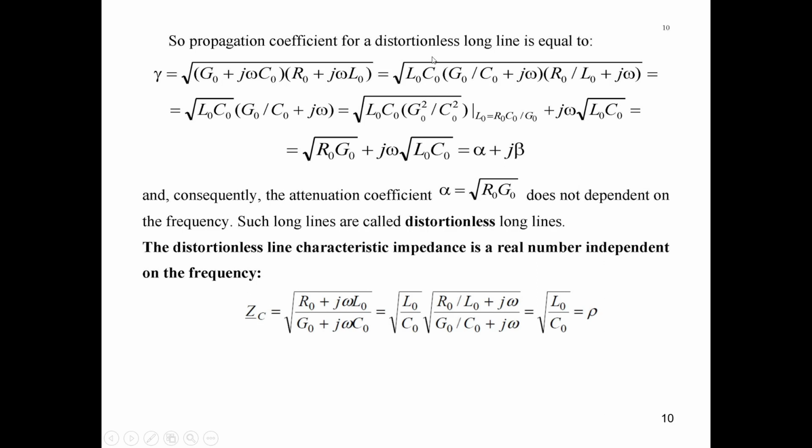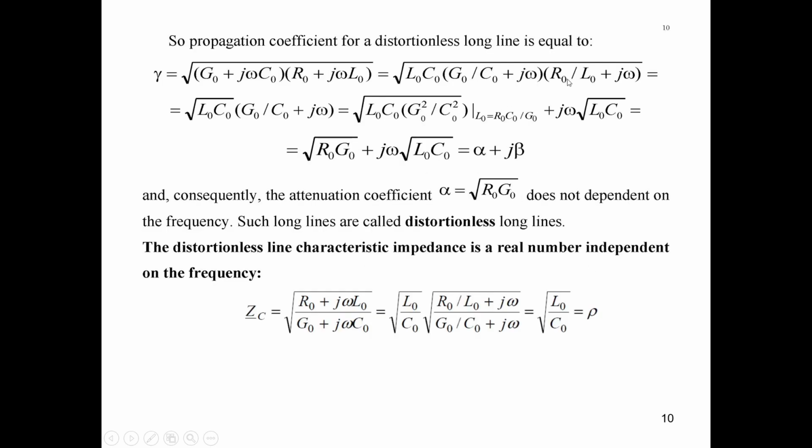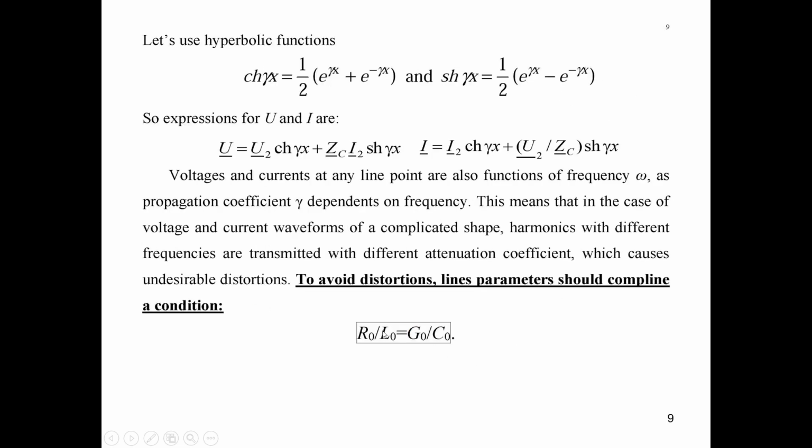Then we can write this expression as the product of the square root of L0 C0, and in brackets, if we use such a condition, R0 over L0 equal to G0 over C0, this expression in brackets will be the same. Let's consider that R0 over L0 equals G0 over C0.